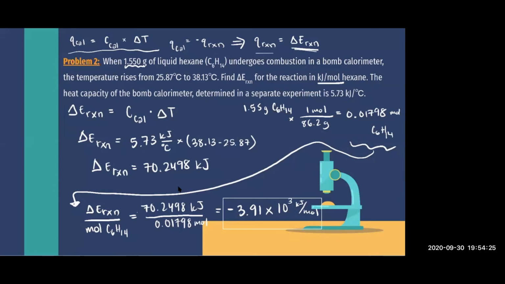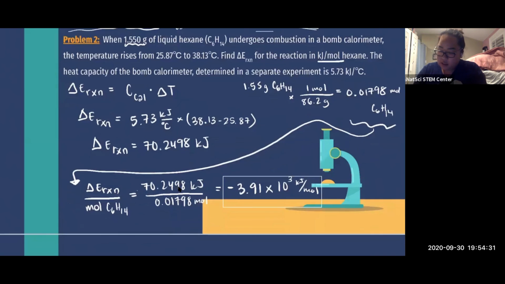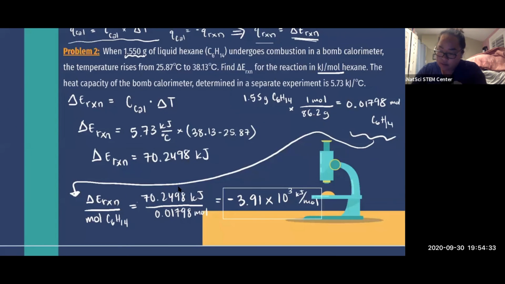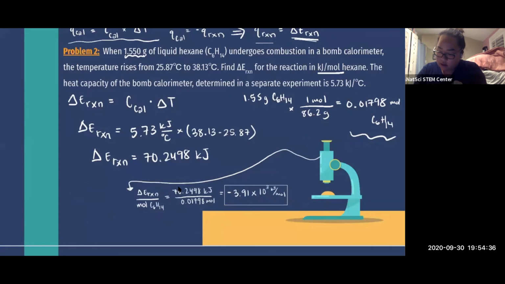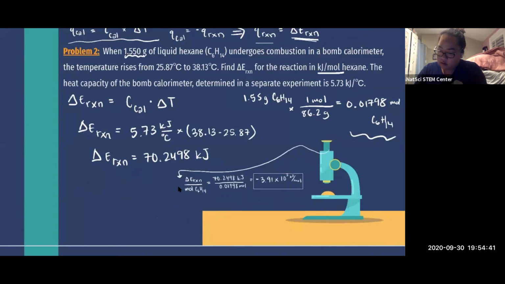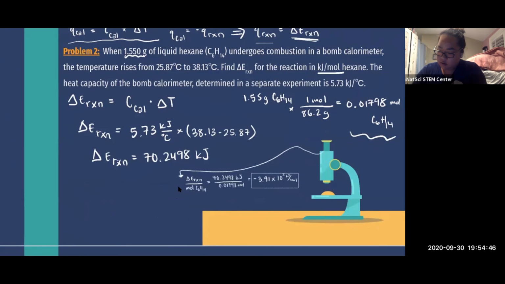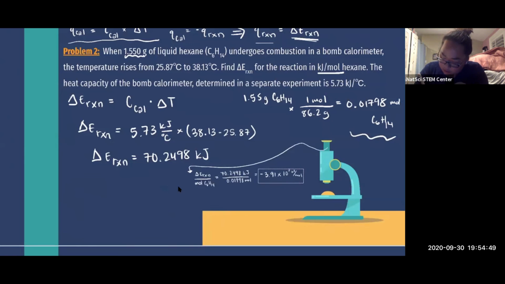If you plugged it in from here, let me write it. So 1.55 grams times 1 mole over 86.2 grams of C6H14.